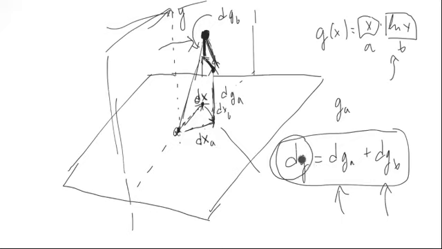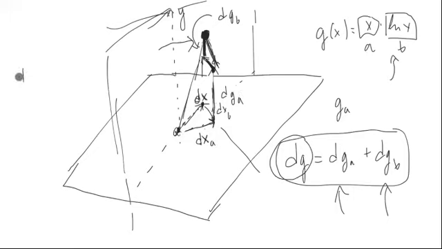So to think about ratios, let's suppose that we're changing by the exact same run dx for this guy and that guy, just as we were thinking of in the picture.